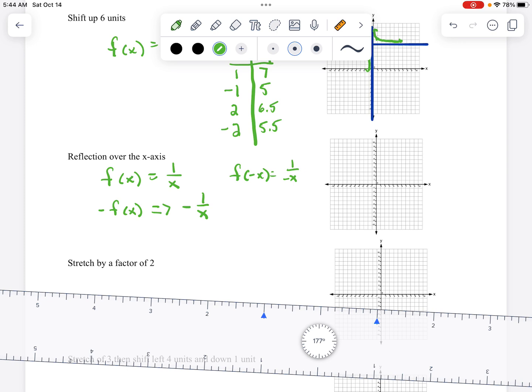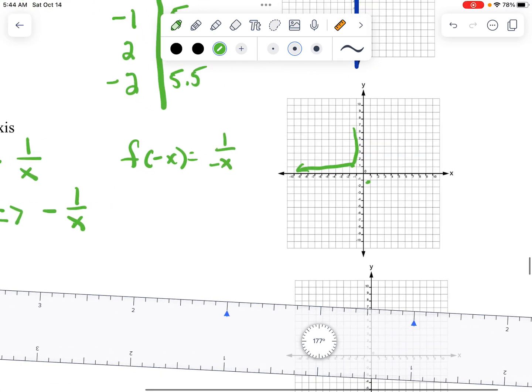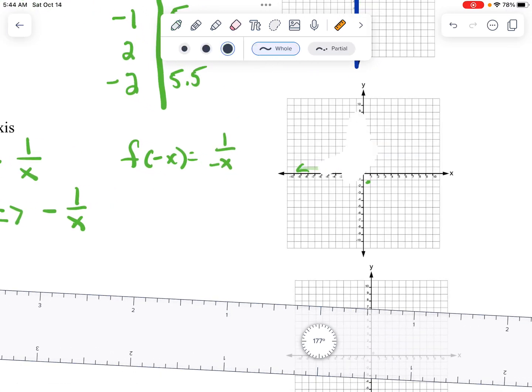Well, I won't draw the asymptotes again. They stay in the same place, but it's simply a reflection over the x-axis. It's a little bit sloppy.